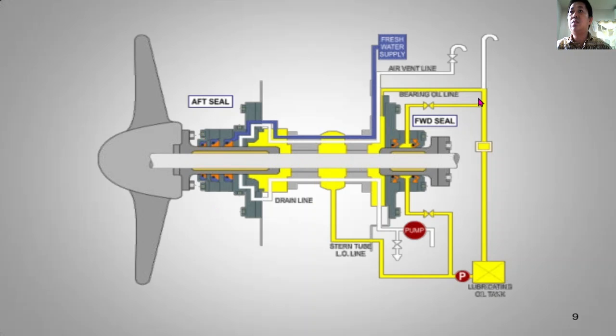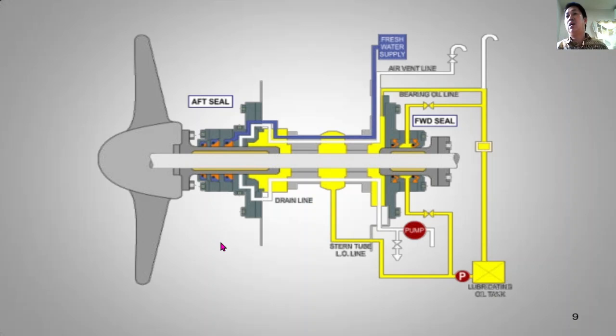This is injected with some oil and also some fresh water. Here it is injected with fresh water. You have the pressure of your fresh water here, and you have a fresh water tank, to counteract the pressure of the seawater and push the seal. At the same time you also have the pressure of your oil here to counteract the pressure. So you have a double seal.